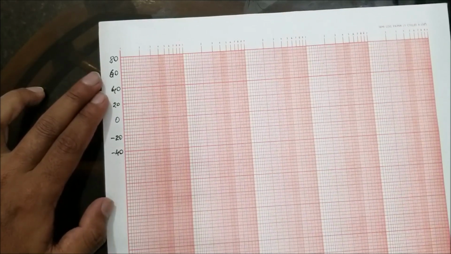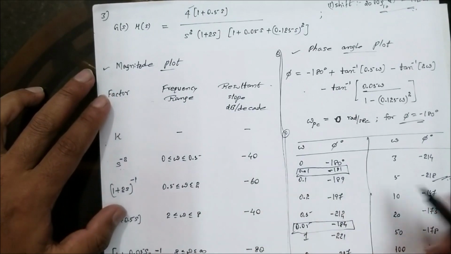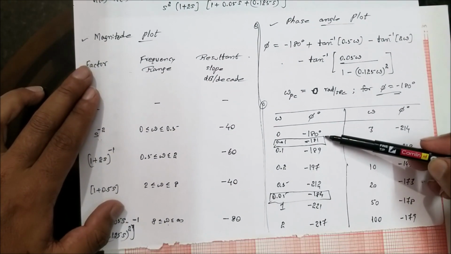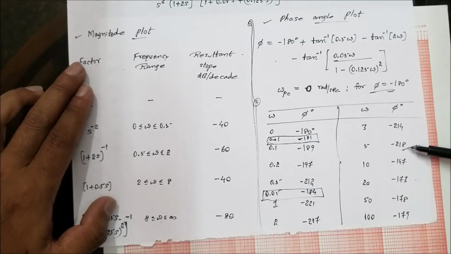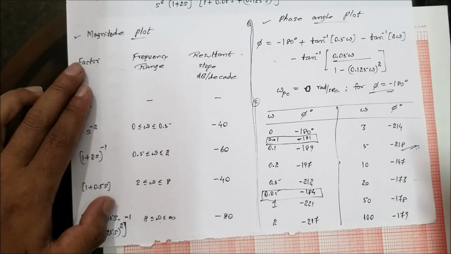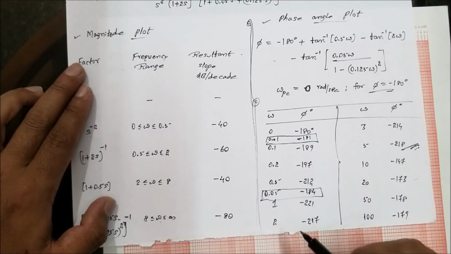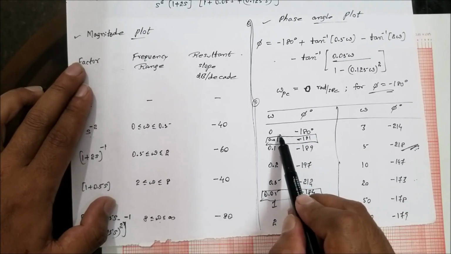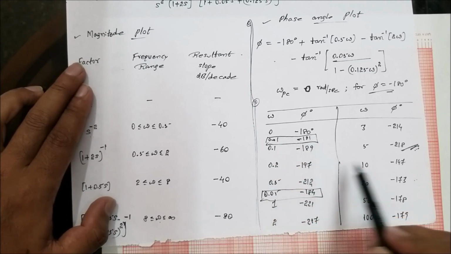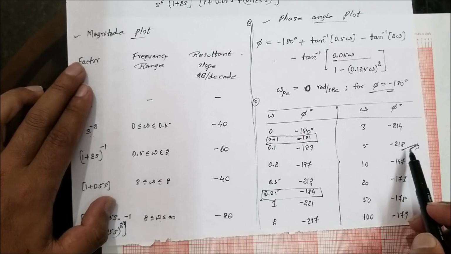And next, coming to the angle plot, if you observe, the angle itself starts from minus 180 till minus 218. After that it is decreasing again, so I will stop at this point. So the phase angle plot starts from minus 180 degrees and then reaches minus 218.